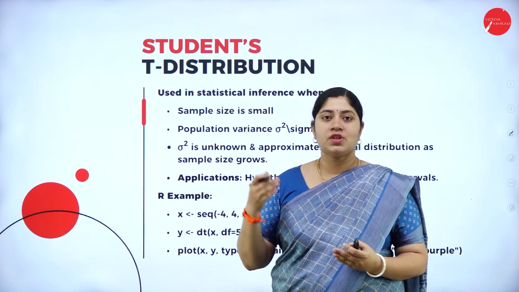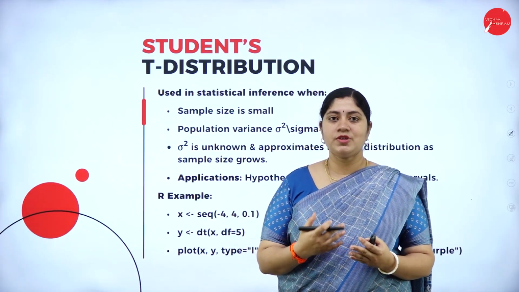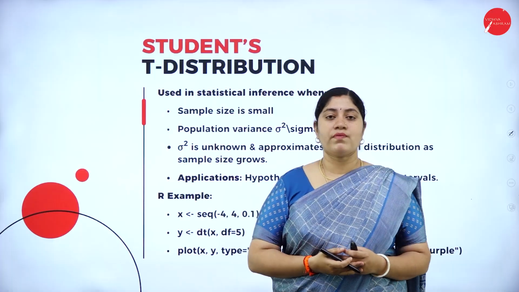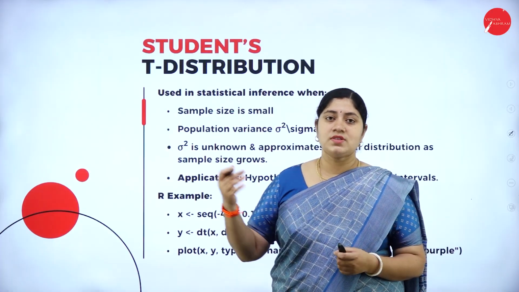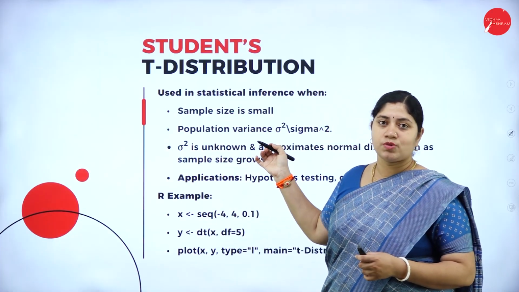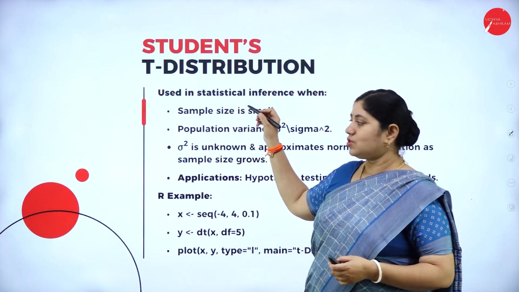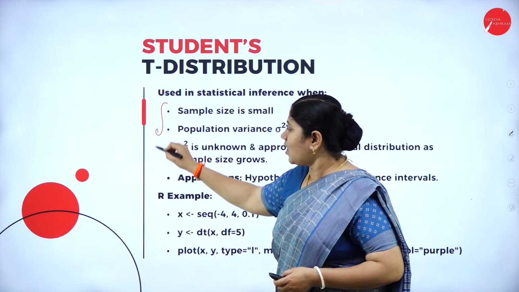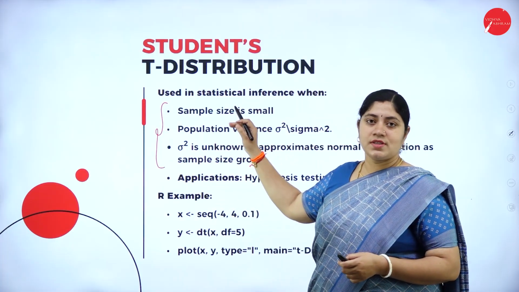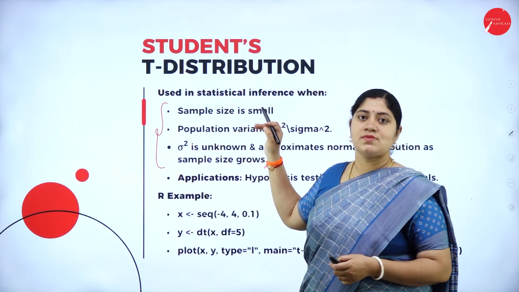Next is a student's t distribution. Over here, let me say even this is a form of continuous distribution. Now, let us see what this student's t distribution is all about. So, we can say this is used when either of these criteria is followed.